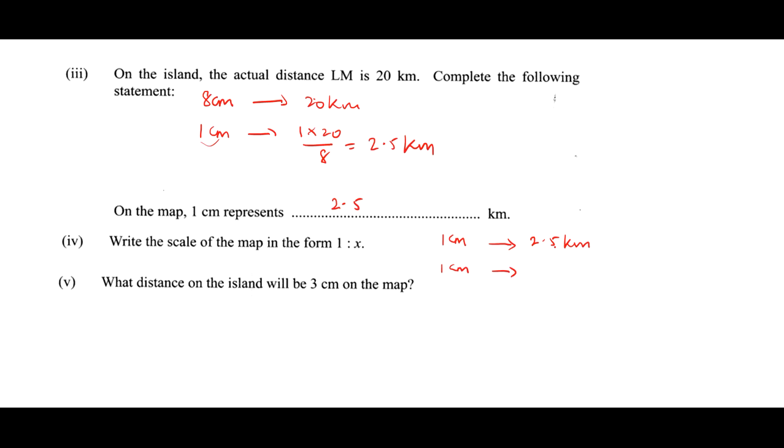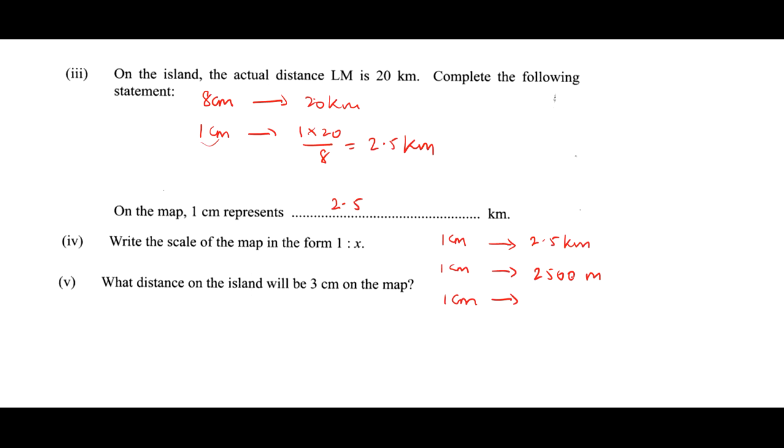The first thing you could do is convert it to meters. If we have to convert kilometers into meters, we multiply by 1000. So if we multiply 2.5 by 1000, we end up with 2500 meters.